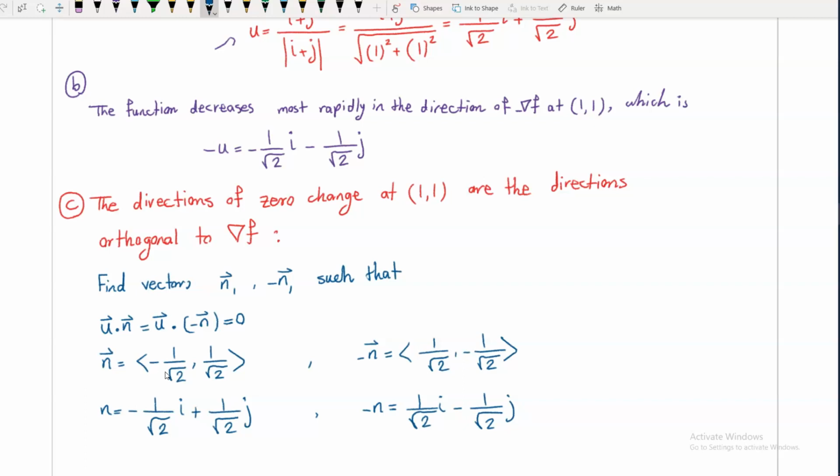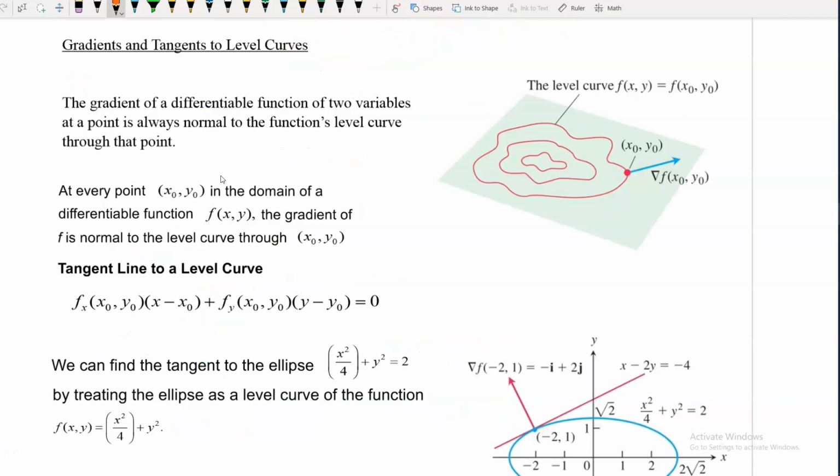That is, n equals negative 1 over square root of 2 i plus 1 over square root of 2 j, and for minus n we have 1 over square root of 2 i minus 1 over square root of 2 j. The gradient of a differentiable function of two variables at a point is always normal to the function's level curve through that point.